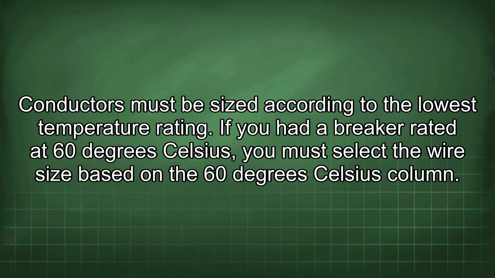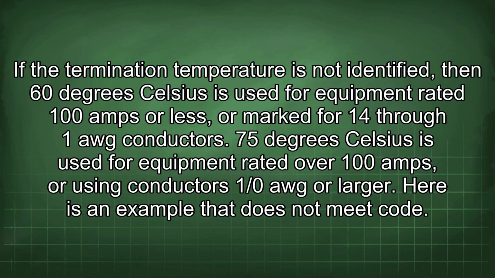If you had a breaker rated at 60 degrees Celsius, you must select the wire size based on the 60 degrees Celsius column. If the termination temperature is not identified, then 60 degrees Celsius is used for equipment rated 100 amps or less, or marked for 14 through 1 AWG conductors. 75 degrees Celsius is used for equipment rated over 100 amps, or using conductors 1/0 AWG or larger.